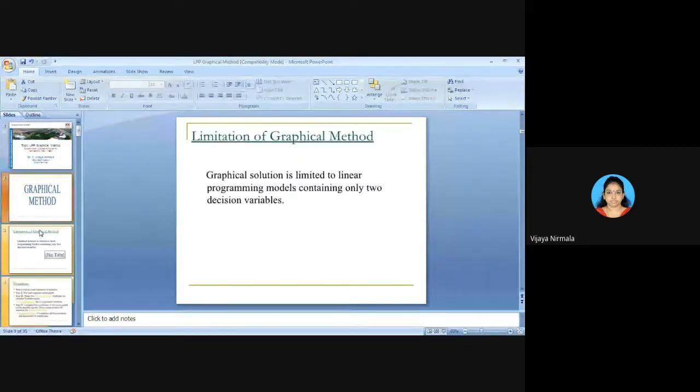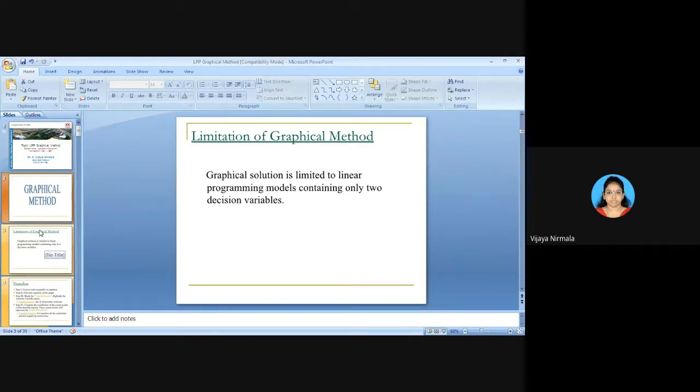Generally, this graphical method is limited to linear programming models containing only two decision variables. If the problem has only two decision variables, then it is easy for us to solve it using the graphical method. In the previous problems, we discussed x1 plus x2 or 3x1 plus 2x2.